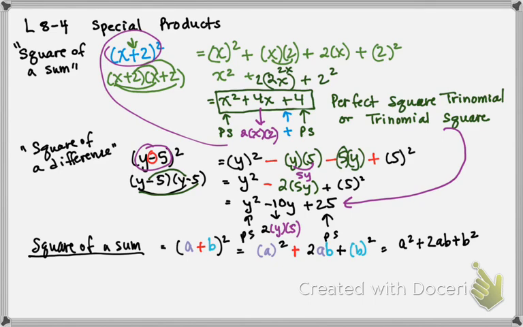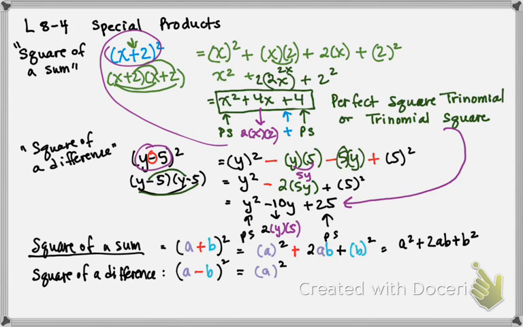And then the square of a difference is going to look similar with one small exception, and that's going to be the sign that's between the a and the b is going to be a minus sign. So again, we're going to take that a and we're going to square it.